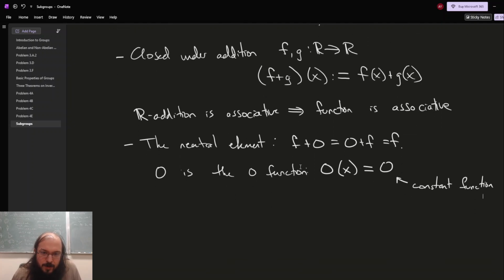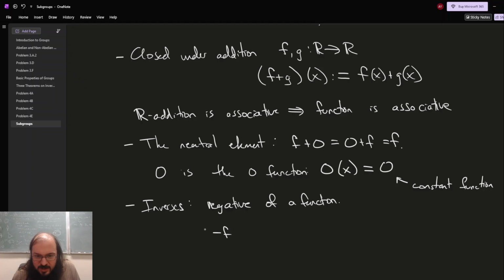Let's see. The last thing we have to check is the existence of the inverse. Well, since we're dealing with addition, the inverse is the negative of a given function. So we have minus f of x equals negative f of x for every x.